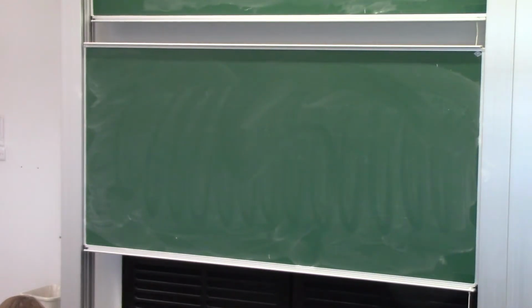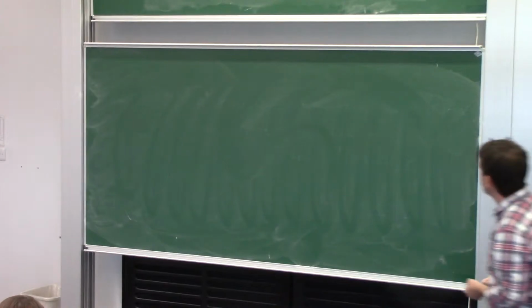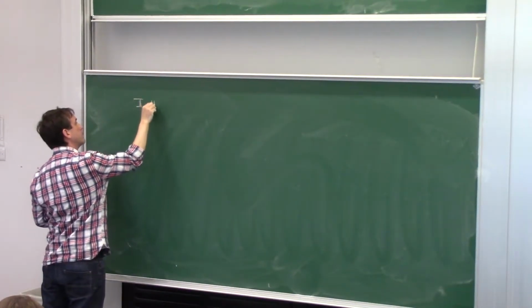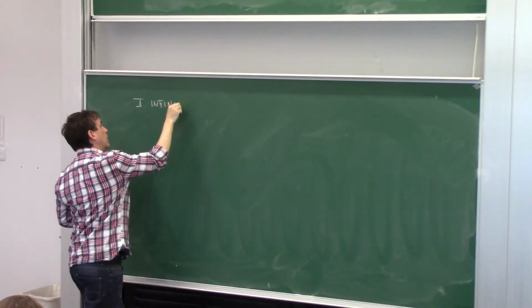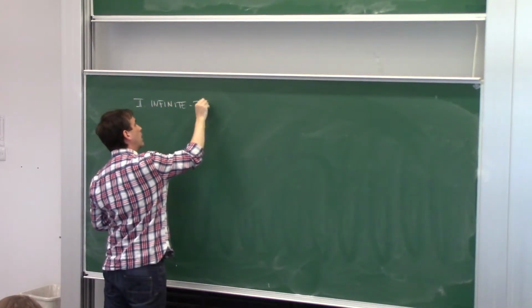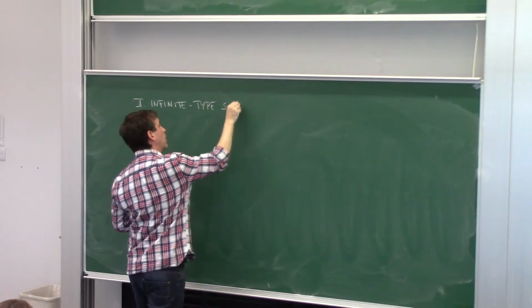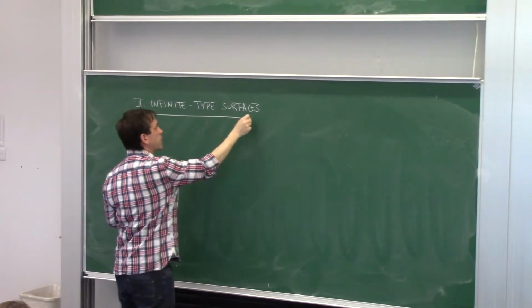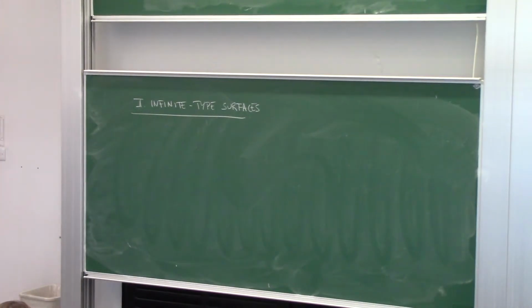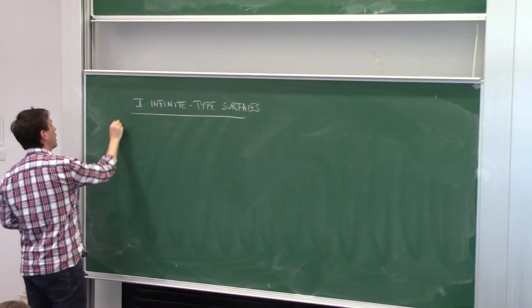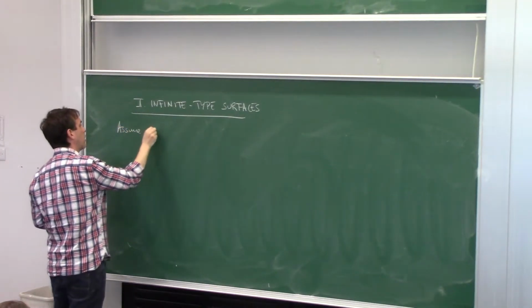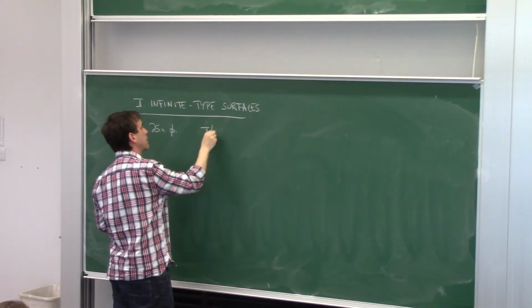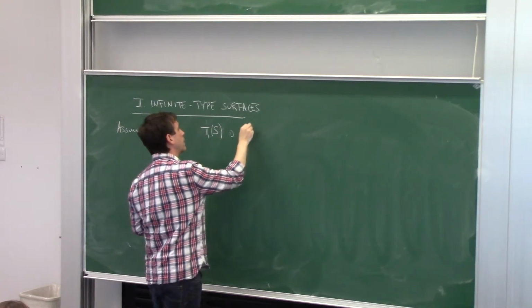So again, surfaces are assumed to be connected, orientable. They have no boundary. And now pi1 of S is not finitely generated.